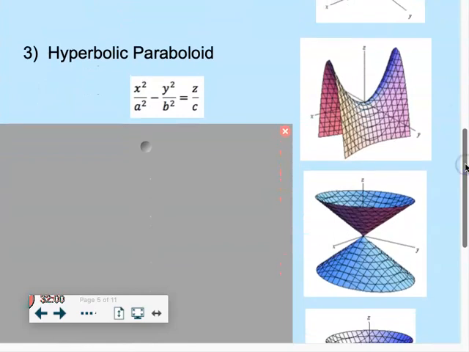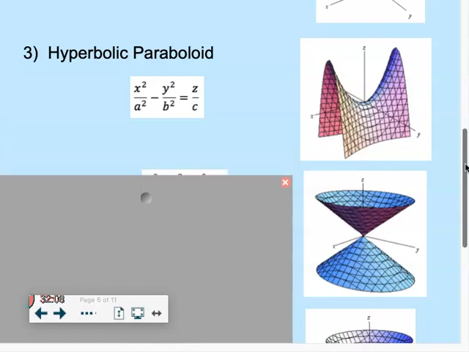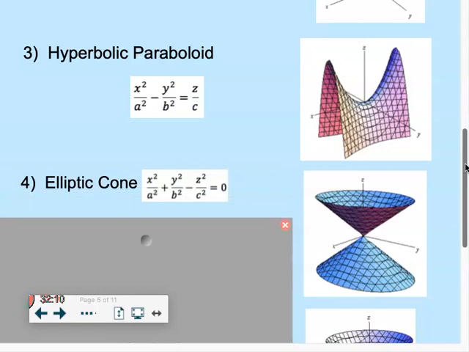Next shape. Whoa. If you didn't look at the bottom and just looked at the top, what does it look like? Looks like a cone, right? So now we have what's called an elliptic cone because it doesn't have to be circular. You can have a cone with cross sections that are ellipses, or cross sections that are circles.